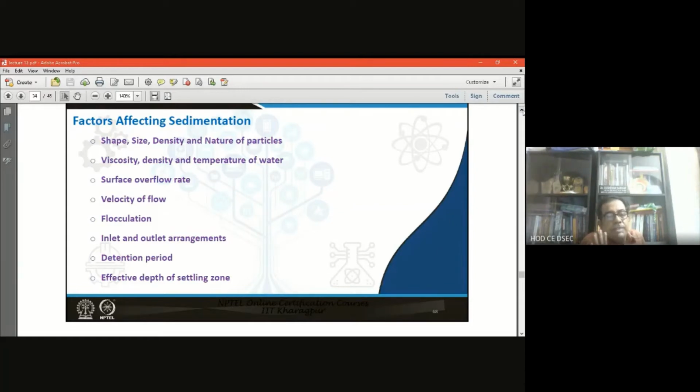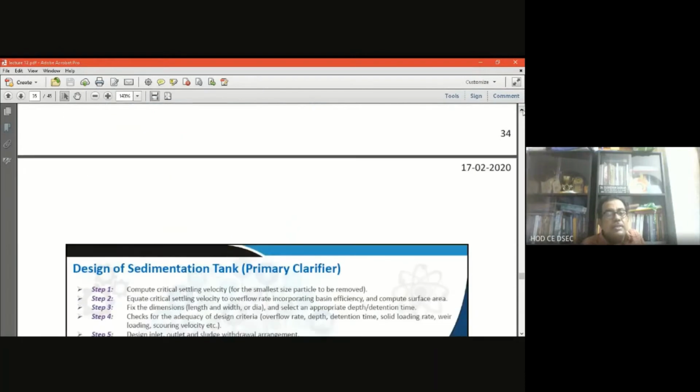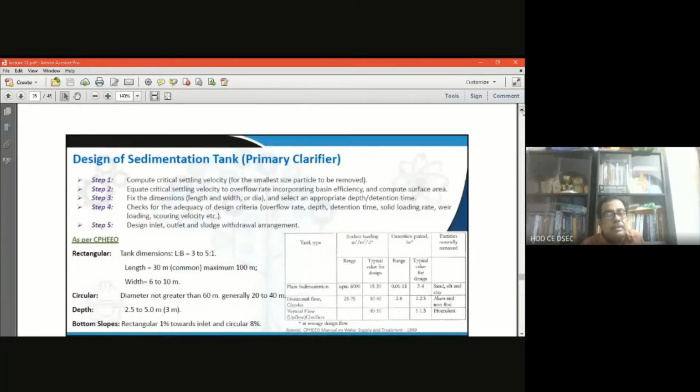Mathematically, V by Q, volume divided by the flow entering the tank, is called the detention period, because this is the time required to fill the tank. That's why it is named the detention period. Then the effective depth of the settling zone, that is the depth of water. We'll discuss this issue. These are the governing factors.